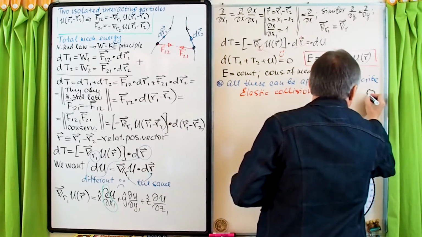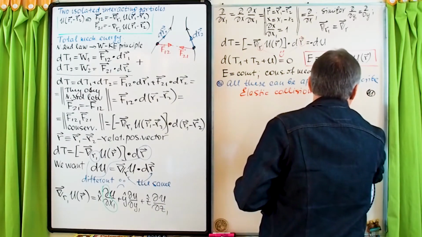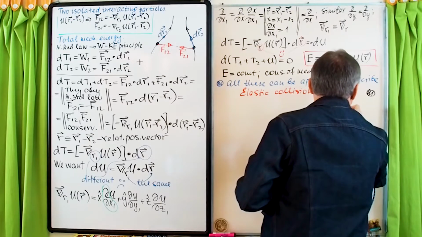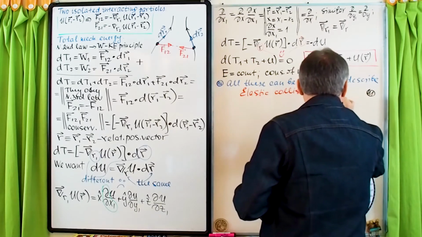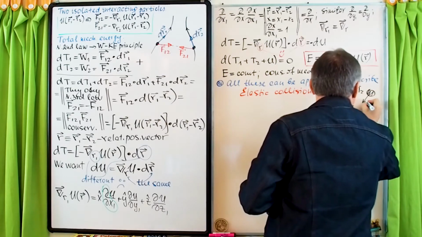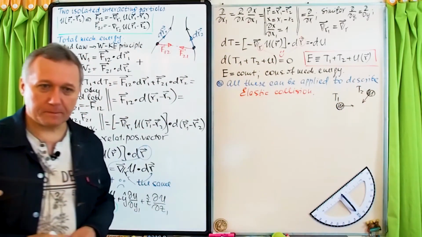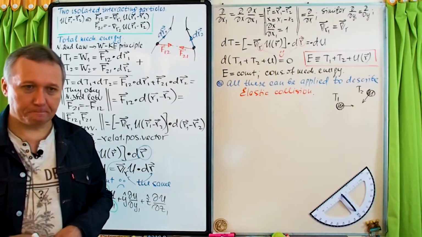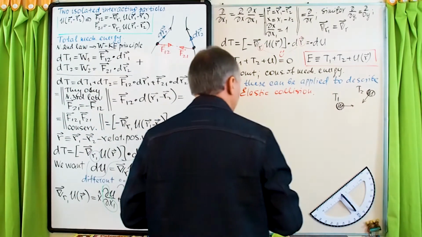I can draw something like this. Let's say we have this object, which has kinetic energy T1. This has kinetic energy T2. Again, the forces of interaction are conservative.